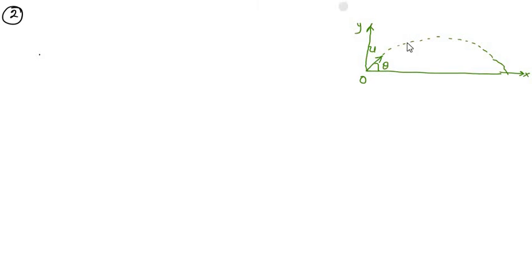Now the question is, there will be some maximum point here, and at that point you have to find the radius of curvature of this circle at the highest point. So you have to find this r. If you take a small element here, that part of your parabolic path makes a circle, and then you will get that r, which is defined as the radius of curvature.